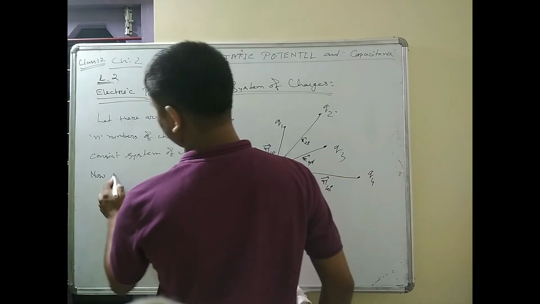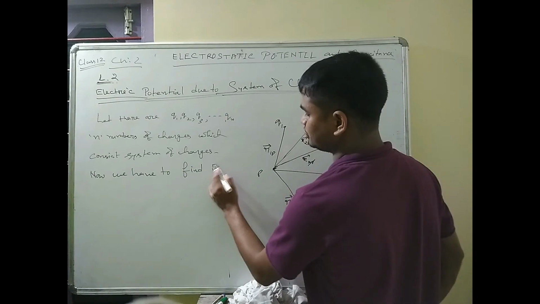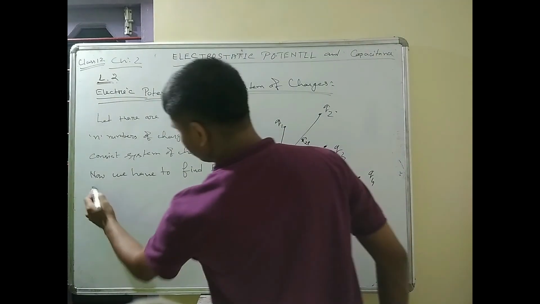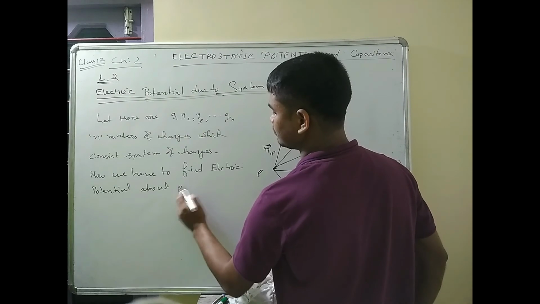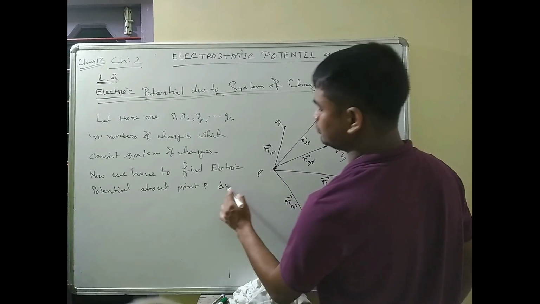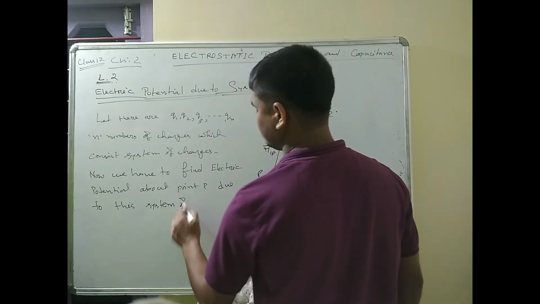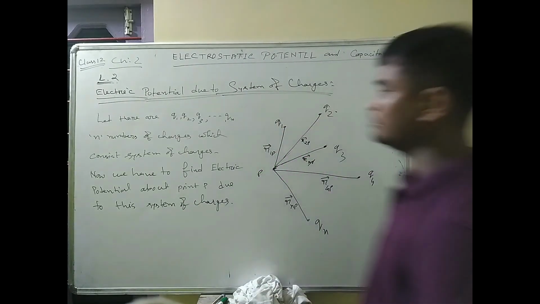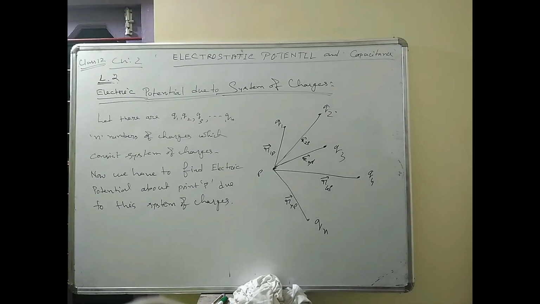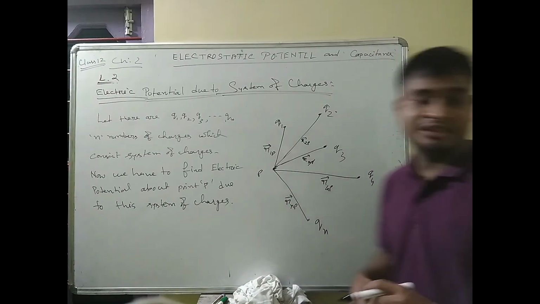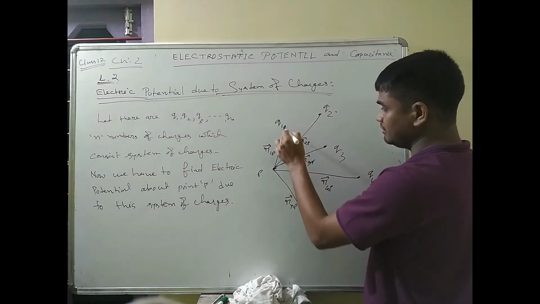Now we have to find the electric potential at point P due to this system of charges.